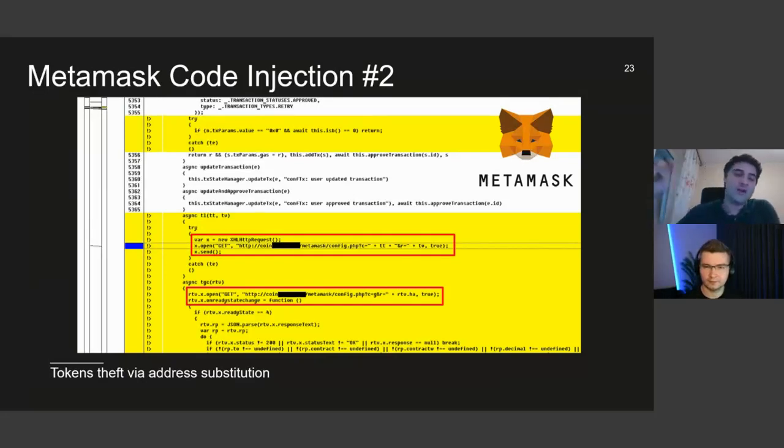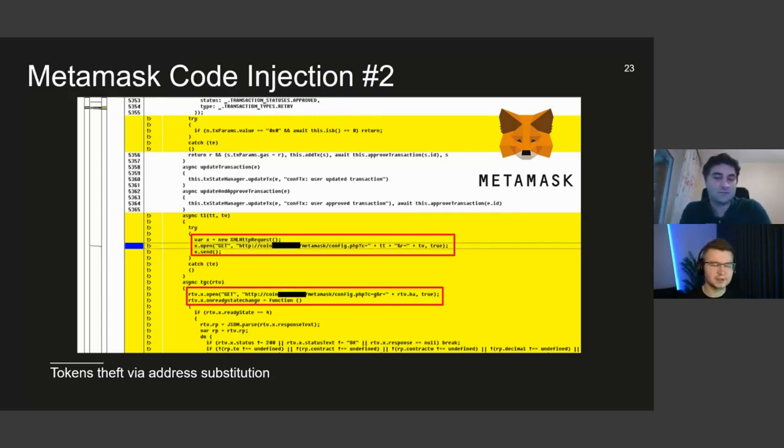They make a GET request to a specific domain, /metamask/config.php, sending metadata, and the server returns an answer to the rogue extension saying, replace the destination that the user originally copied with something else. So in this second example, it is more of a dynamic interaction between the rogue MetaMask extension and the attacker's C2 server.